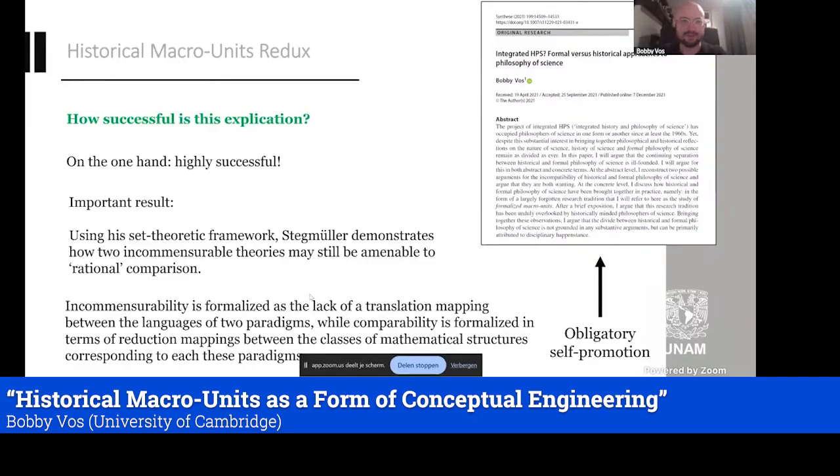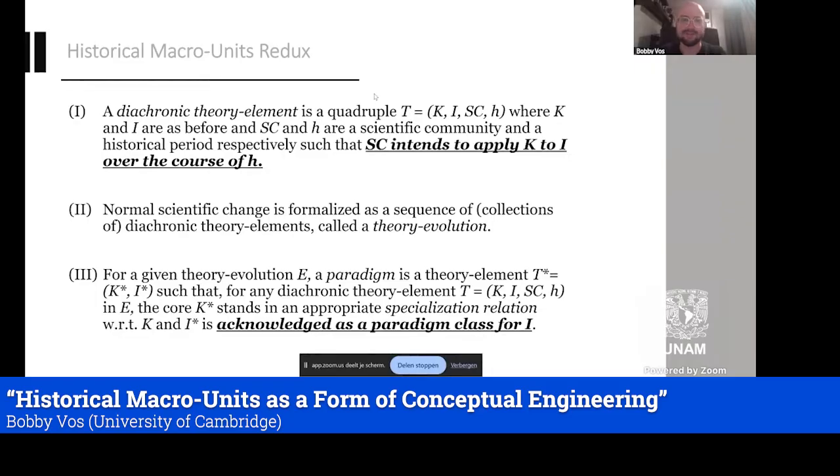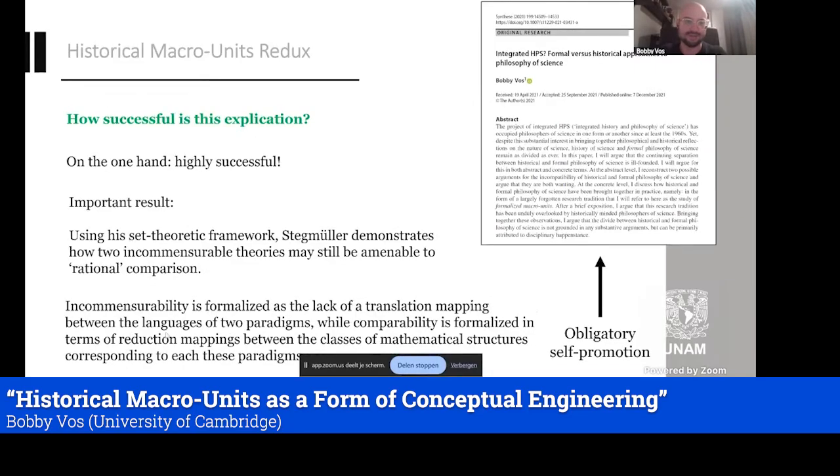Using definitions similar to these, he showed that we can tease apart a notion of incommensurability in the sense of intertranslatability, which is distinct from the adjacent notion of reducibility between theories. So we may secure rational comparison by maintaining the reducibility of one theory to another, while still permitting incommensurability in the sense of the untranslatability of two theories.